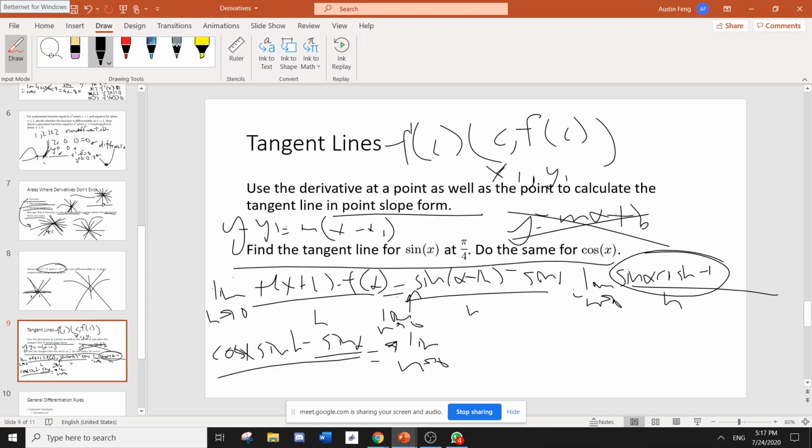So in the end we get cosine x times sine h all over h. Sine h over h, when h goes to 0, is our special limit. So we get cosine of x. Cosine of x at pi over 4 is root 2 over 2.